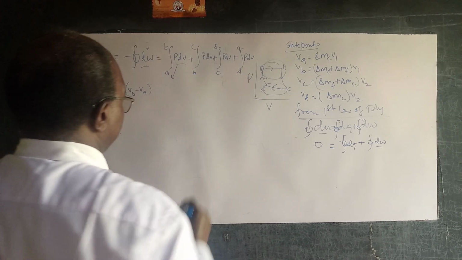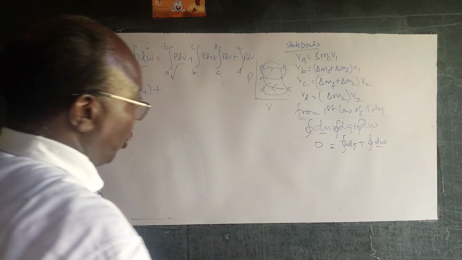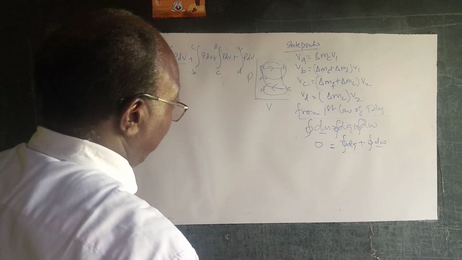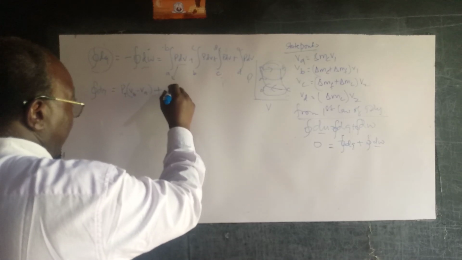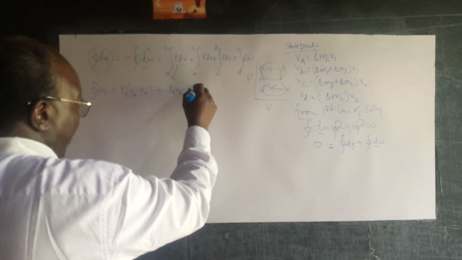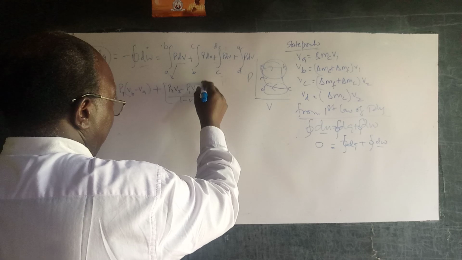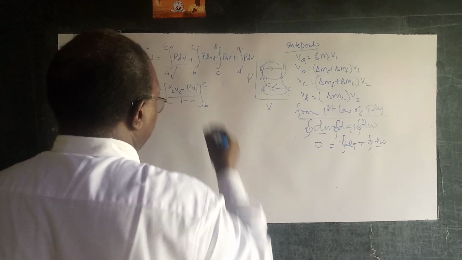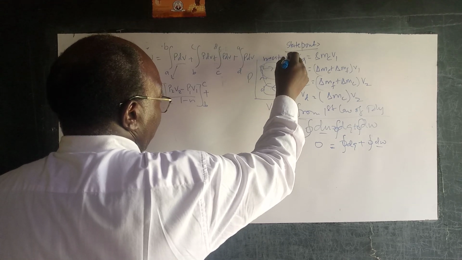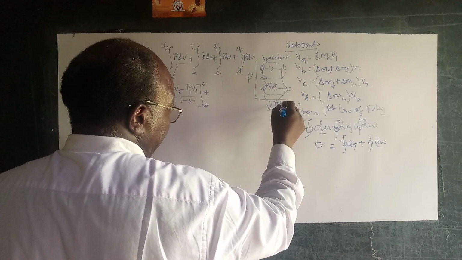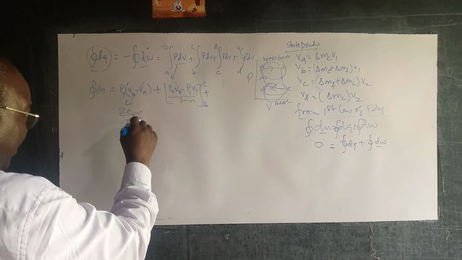Then for B to C, we have to use the polytropic equation, and you know what the polytropic equation tells us in terms of these quantities. The polytropic equation is P2V2 minus P1V1 over 1 minus N. That is from C to B. And then the other one is, again, mass transfer, W is 0, and you are putting them just for completeness. That will be 0 because it's mass transfer.